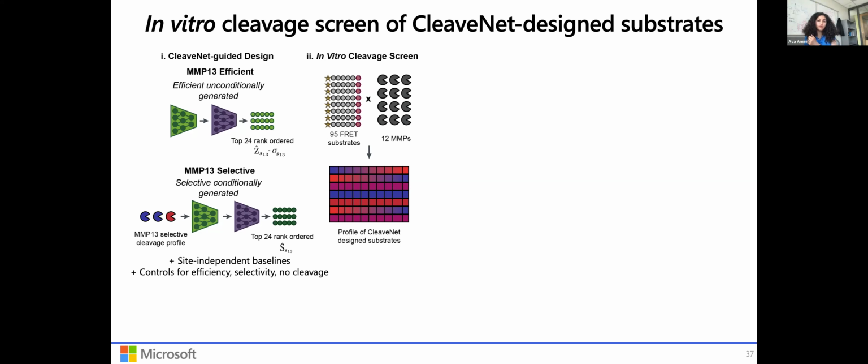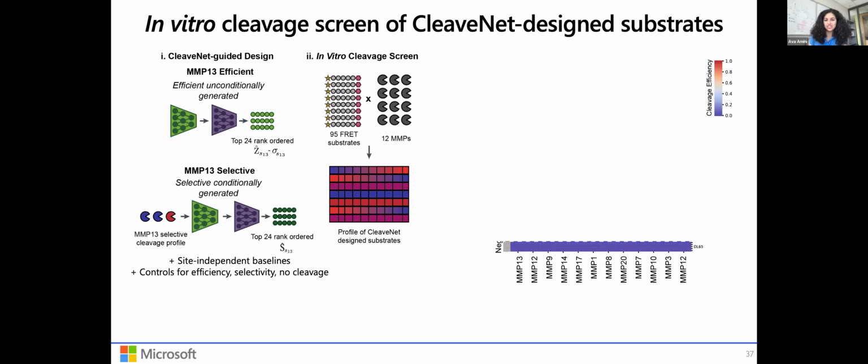So to give you first a high-level snapshot of what that data looks like, we're going to display it on a heat map where dark blue entries indicate substrates that were not cleaved, and red indicates substrates that were highly cleaved in vitro in this screen.